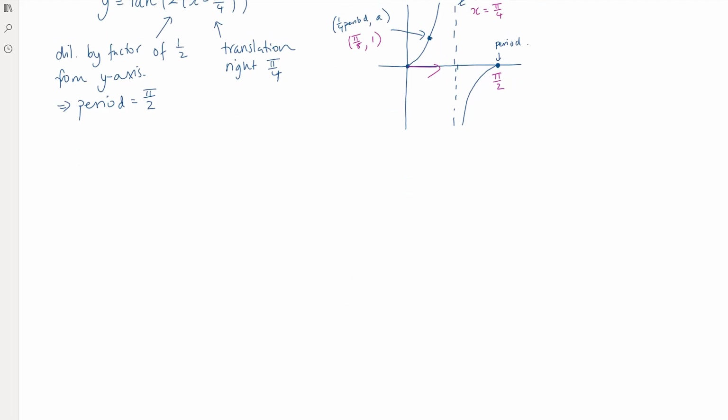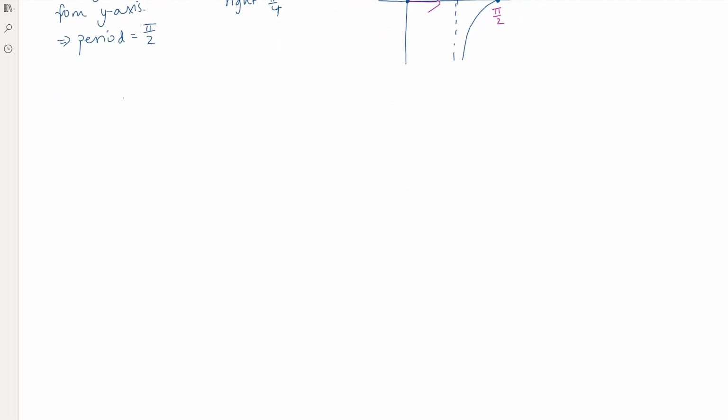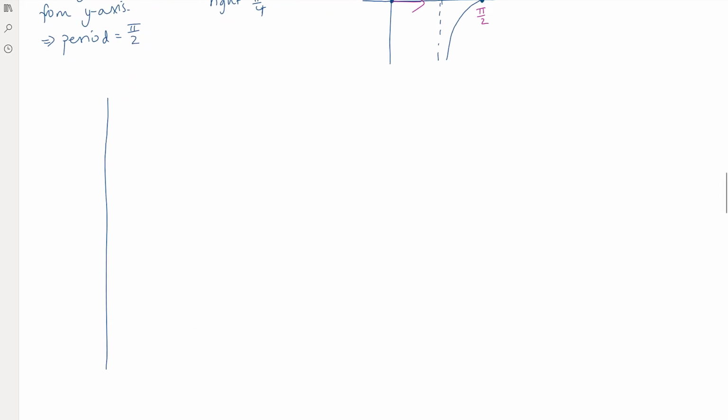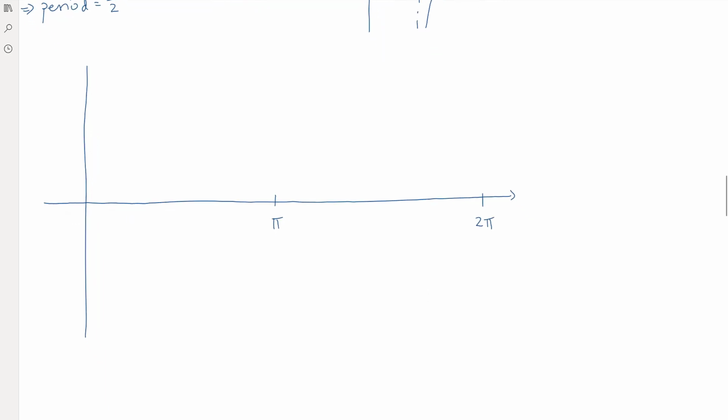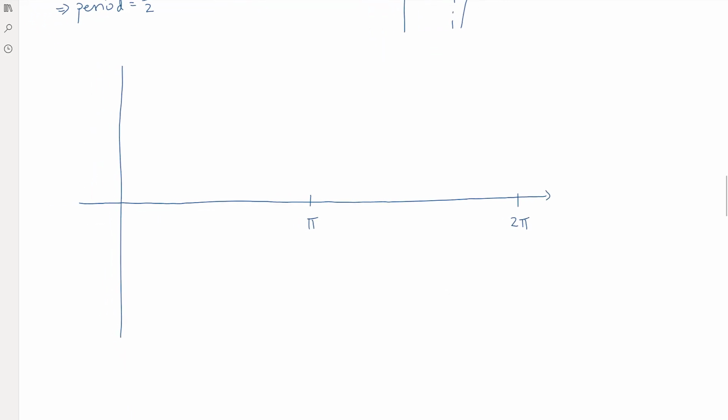Okay, so let's get that mapped out. Two pi, halfway along there, somewhere about here, is pi. Half of that is pi on 2. Half of that is 3 pi on 2.